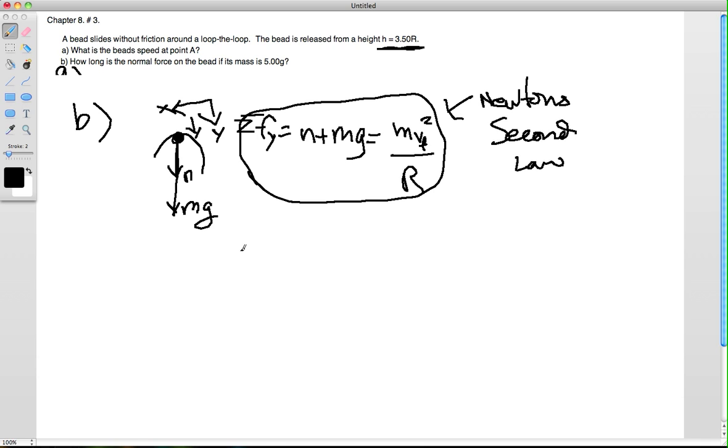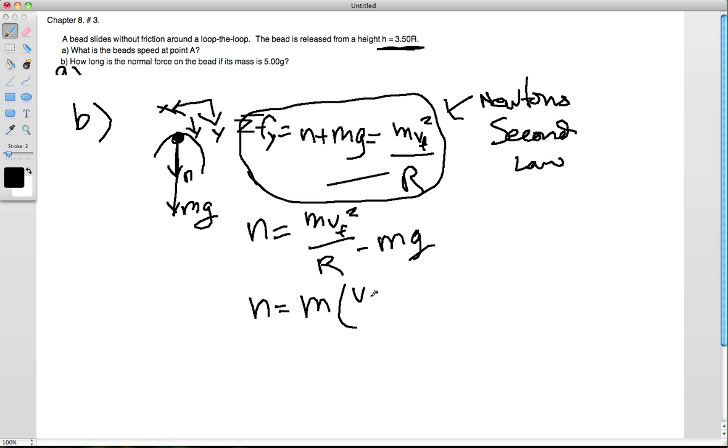We move everything to one side, making the normal force on its own side. So it's m v final squared over r minus mg. Then you can take out the m, so it's m times (v final squared over r minus g).